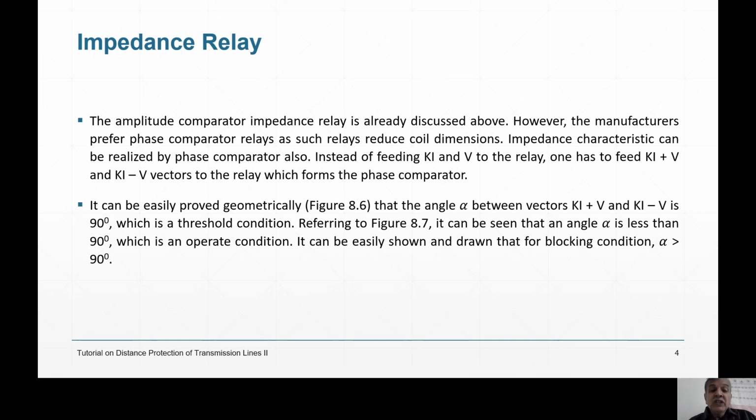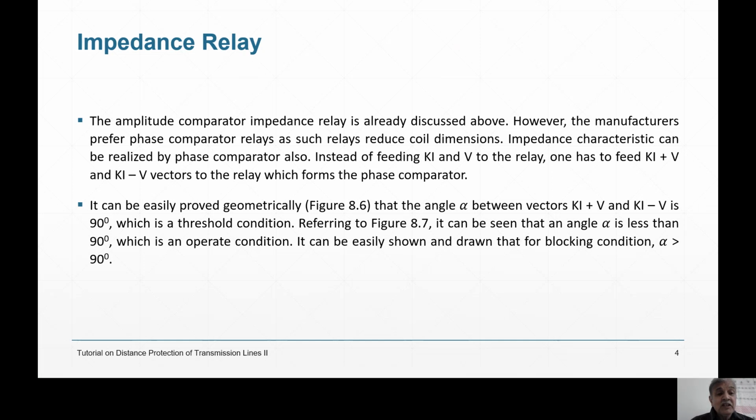Therefore, the coil size will be larger and the relay will be larger size-wise and costly cost-wise. So rather than that, with a phase comparator you can attenuate the quantities and just compare the angle between two quantities. If the angle between two quantities is 90 degrees, it is threshold. Less than 90 degrees, it is operate, and more than 90 degrees, block.